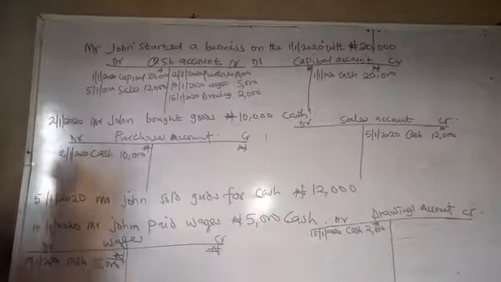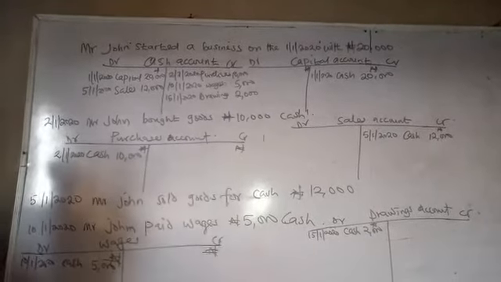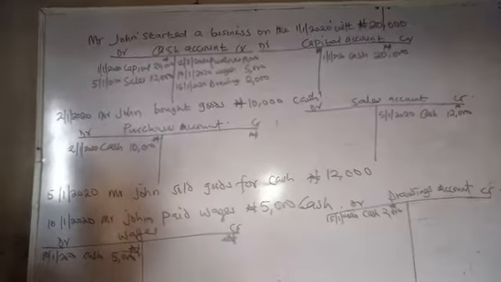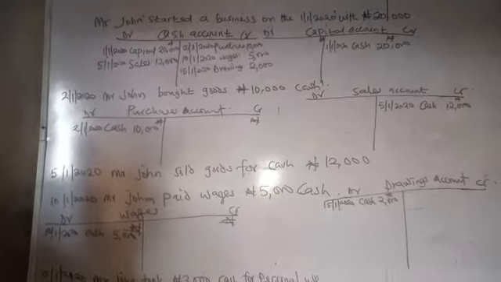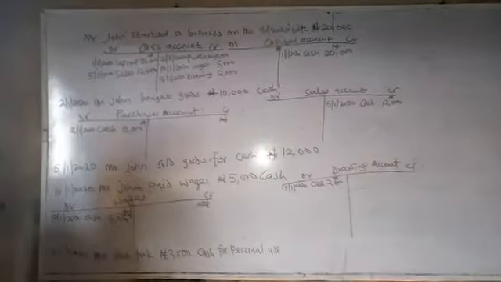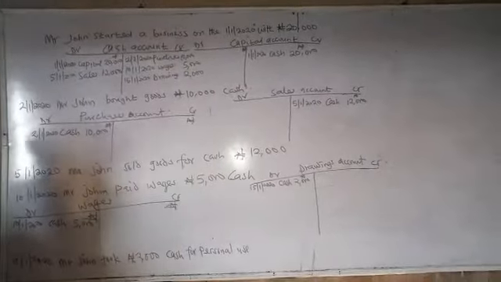With this, let's try to balance off the ledger postings we have made and see whether the balance on the debit side and the balance on the credit side will equate each other. What I mean in essence is that after we have balanced all the ledger postings, let's see whether our postings are correct or not.